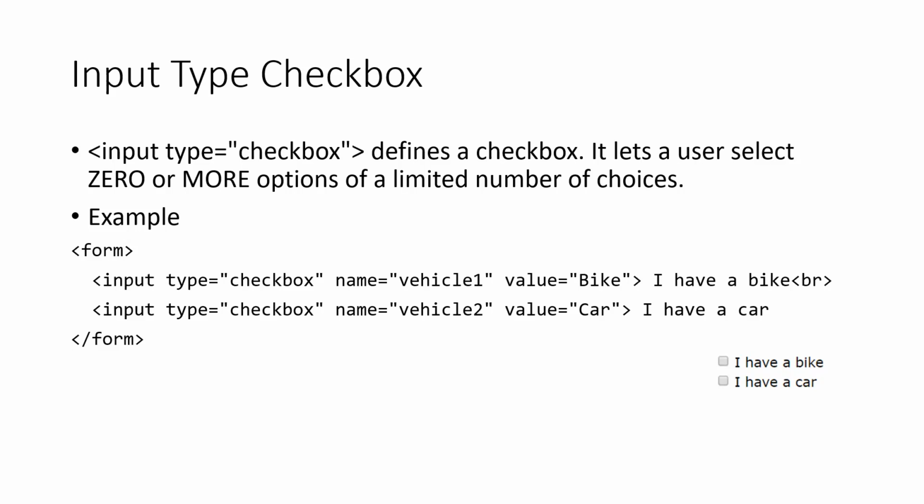So for example, here we have checkboxes indicating you have a bike and a car. Some may select bike if they only have a bike, and if you have a car, you may select this. A person who has both a bike and a car should select both. So the idea is you can have either 0 or more options with checkbox.